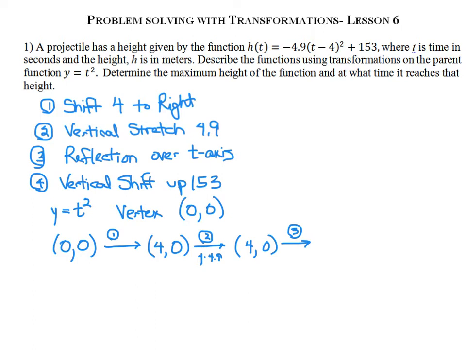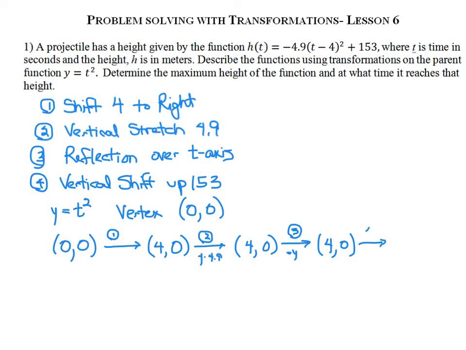Remember that that just negates my y value. So I take the negative of the y, but the y is still 0, so I'm going to still have the vertex 4, 0. All I've done there is actually turned my parabola upside down. So now instead of 4, 0 being the minimum of an up parabola, it's going to be the maximum of a down parabola.